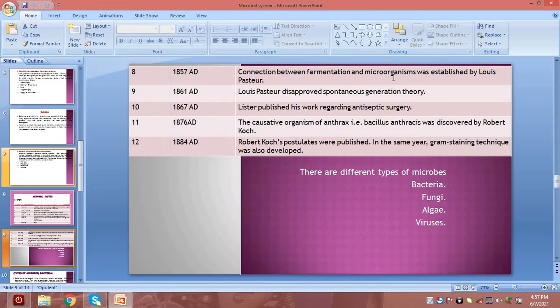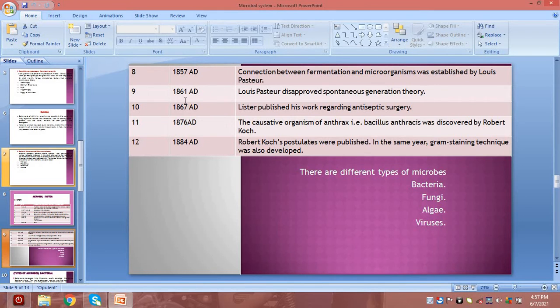At the industrial level, it is used in food processing reactions, and in the pharmaceutical industry also, for the production of products related to pharmacy.